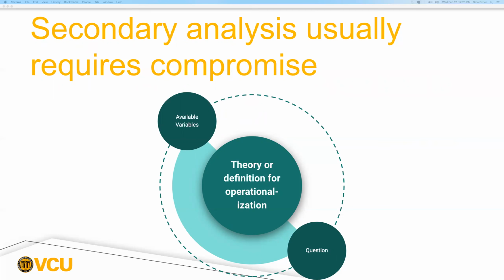So your theory or the definitions by which you're operationalizing your question, you have to use that to explain and maybe justify why a certain construct or idea in your question can be represented by the variables that you end up deciding to use. And if they don't fit right, you might have to change what your constructs are. Compromise and balance is very important.